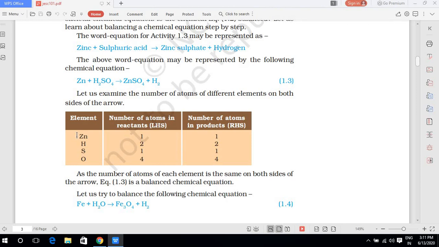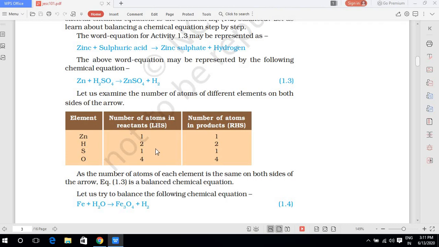So to check, in the reactant list zinc is 1, and again in the product zinc is 1. Hydrogen before reaction is 2, and after reaction hydrogen also is 2. Sulfur was 1 before reaction, and after reaction sulfur is 1 again. So it's the same.